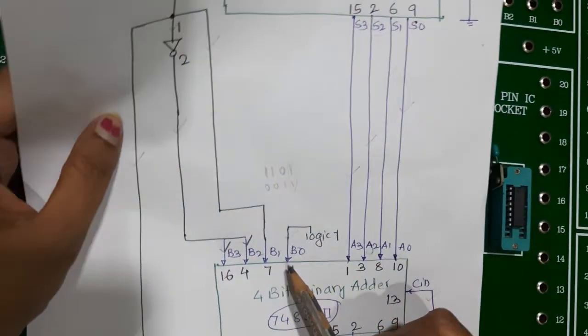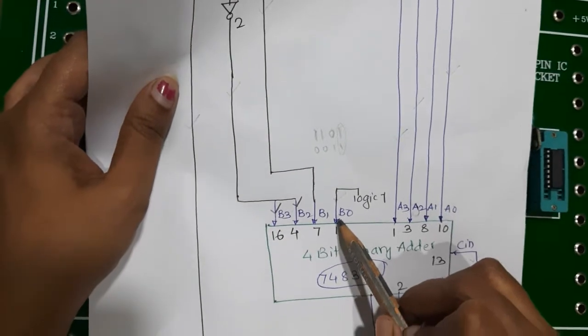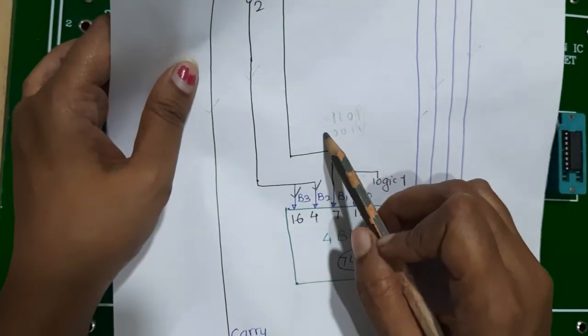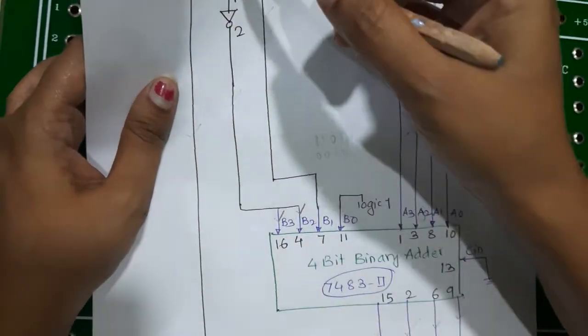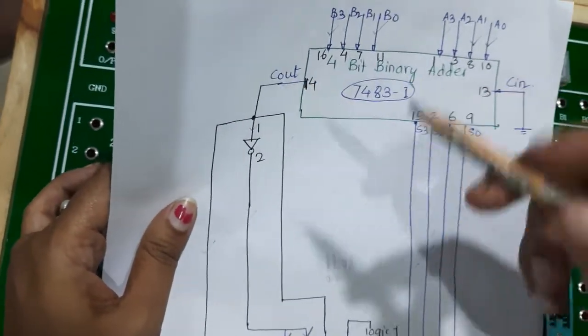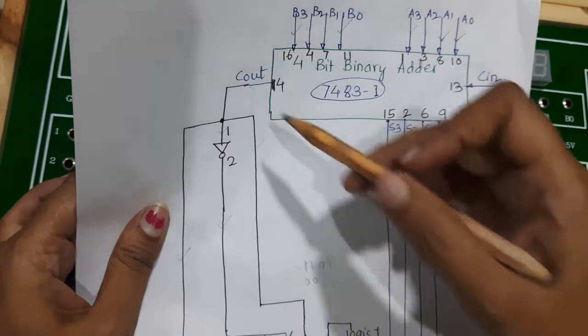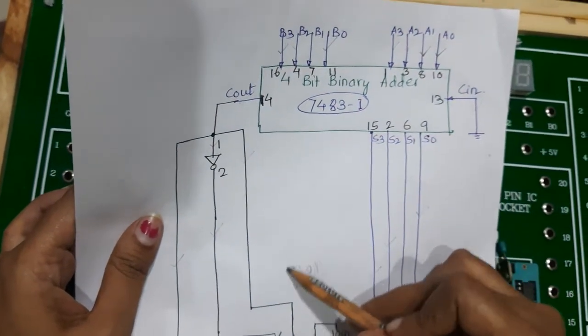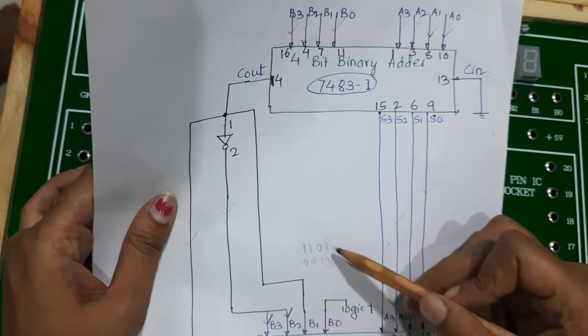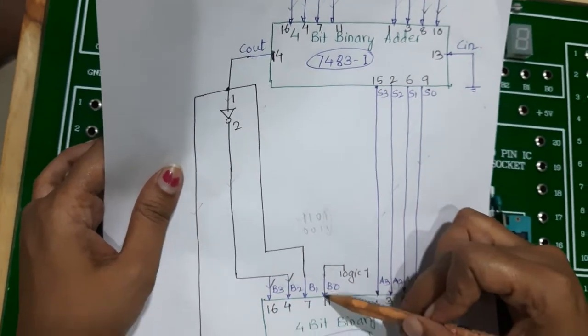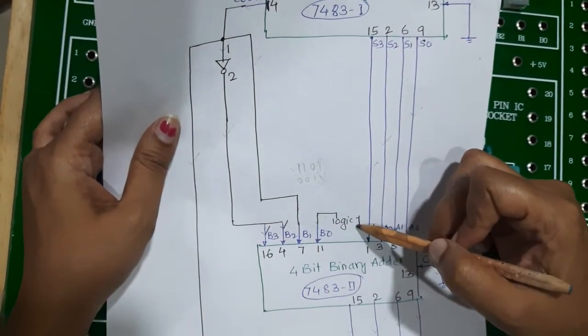That's why in the second part, the second binary adder, it is adding either 1101 or 0011. I have to manage this part with the help of the carry. If carry is not generated, I will be adding this. Looking at the entire scenario, in both cases this remains the same, that is logic 1. So the B0 bit will be connected to logic 1 itself.